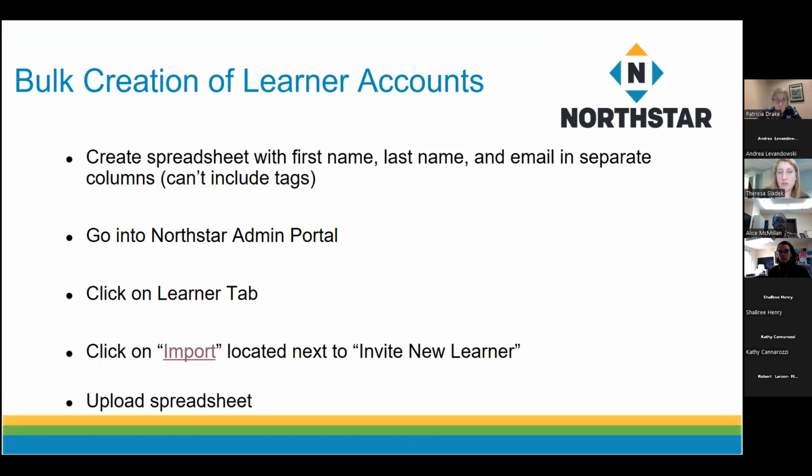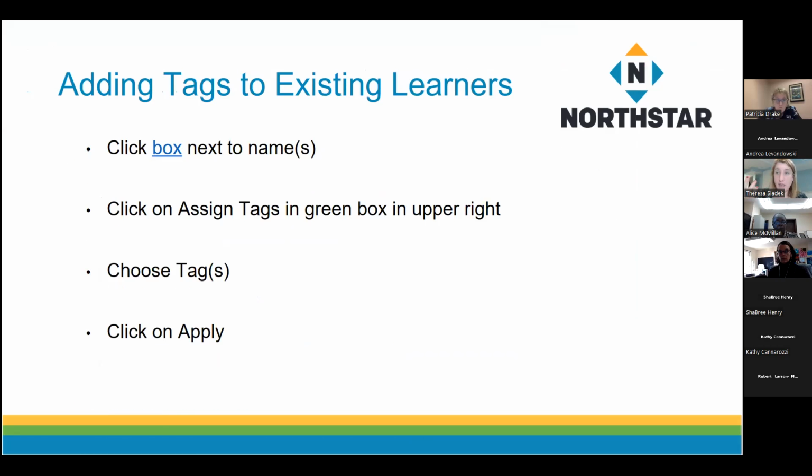Now, if you want to add a tag after the fact to an existing learner, because maybe you added them all in bulk, maybe you decided you weren't going to use tags at first, and then as the program grew, you decided you want them. Maybe you've added a new class and you wanted to add a new tag to people that have already been coming to the library.